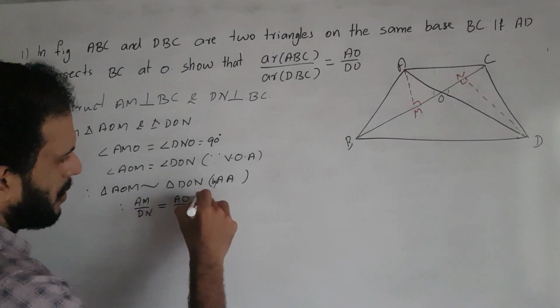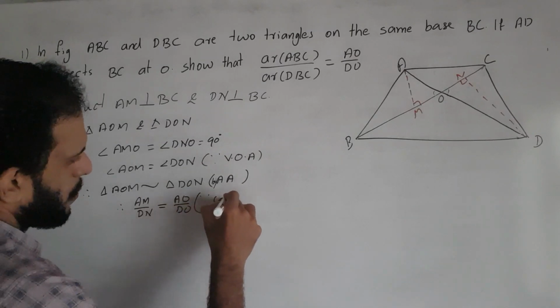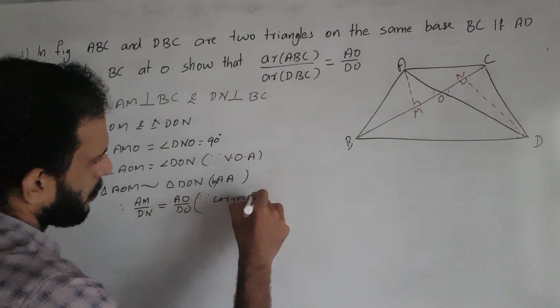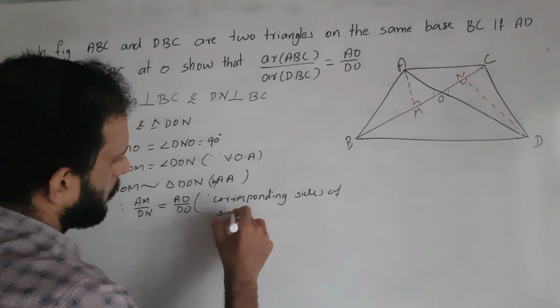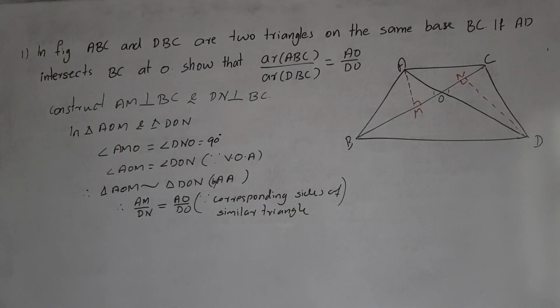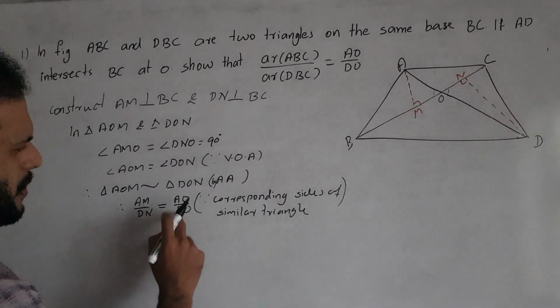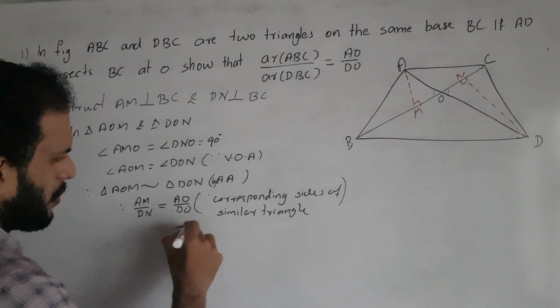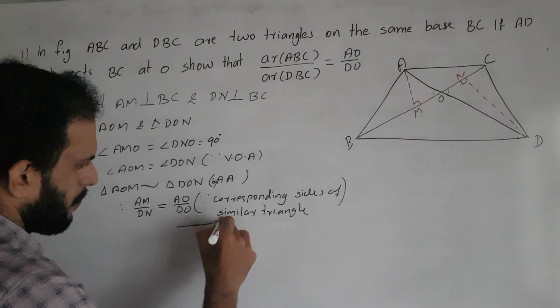What is the reason? Corresponding sides of similar triangles. Now we got it, AM by DN is equal to AO by DO. We stop here, equation 1.